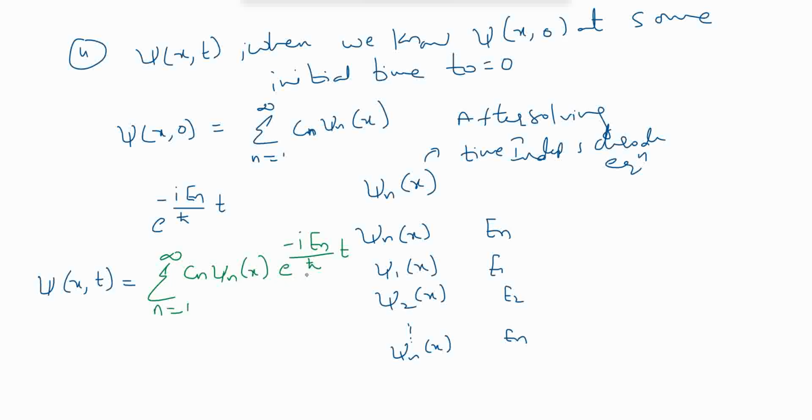So this is how we get psi of x comma t, that is, the evolution of the wave function for t greater than 0, in terms of solutions to the Schrodinger equation and time dependent characteristics.